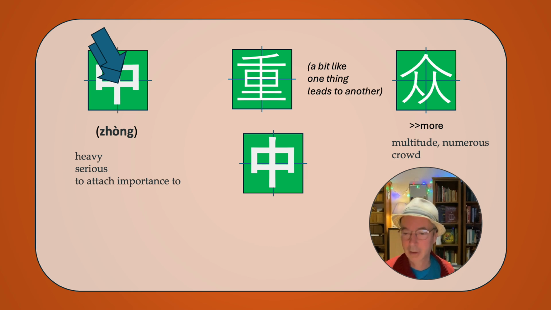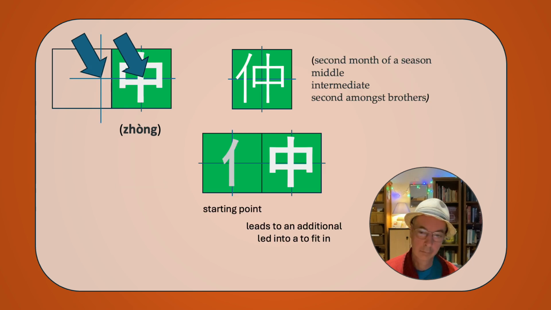You create a doubling, something numerous, a multitude, a plus. And if you associate with people itself, it can of course be associated with crowds. And it's always interesting to combine any character with a starting point. So you have a starting point and then add the extra character.